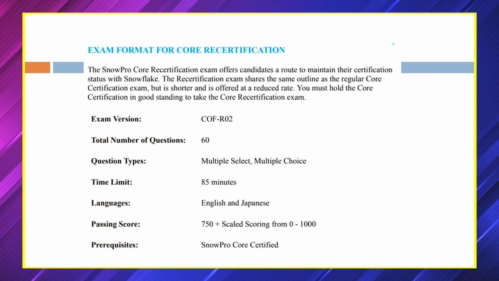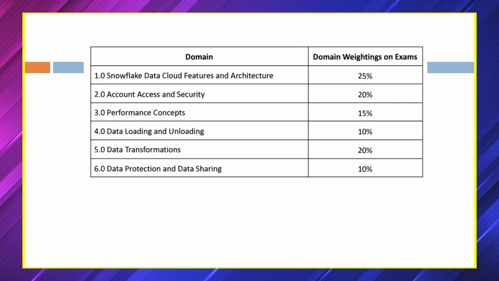The code for this exam is COF-R02. The total number of questions will be 60, and you will again have multiple select and multiple choice questions. This exam is for 85 minutes, again in English and Japanese, and the pass mark is again 75% or above for this exam.